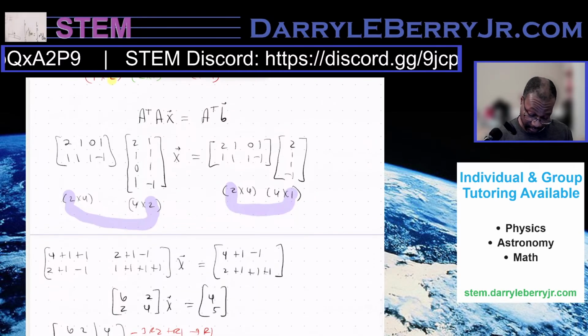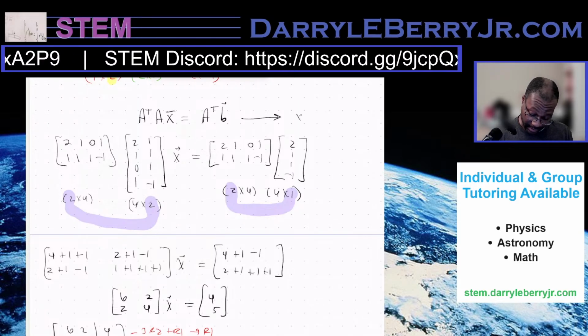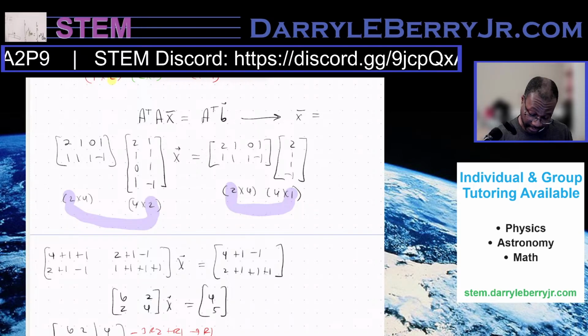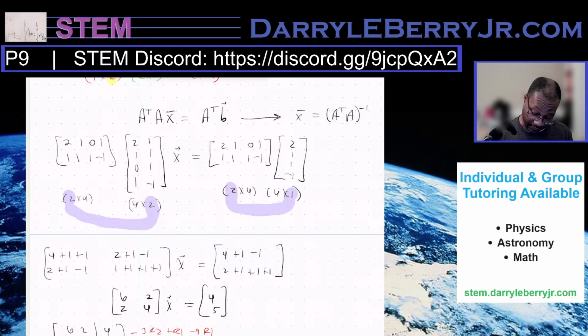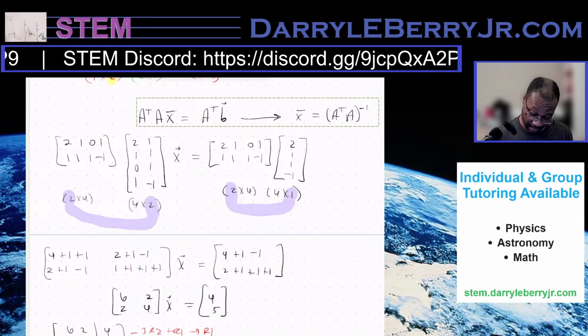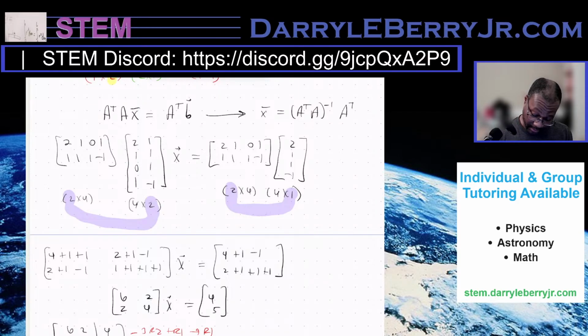Oh, so they brought this to the other side and said x bar equals, so this is the crazy thing they had, (A transpose A) inverse A transpose B.